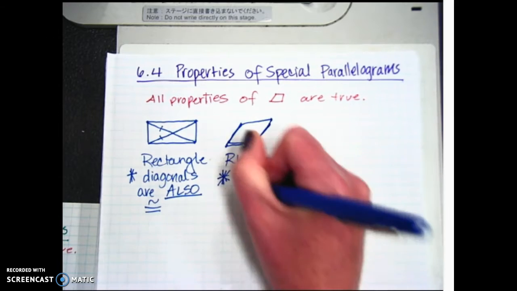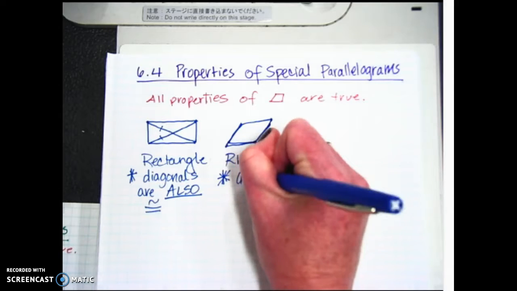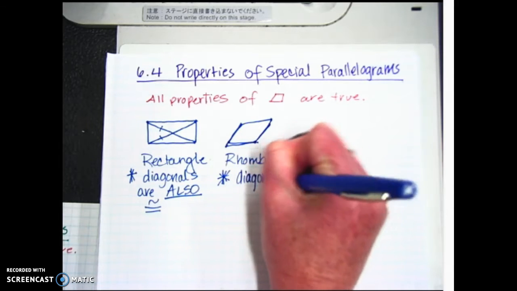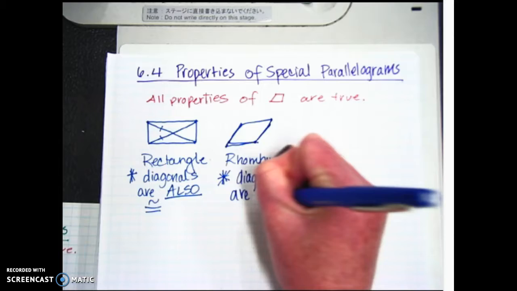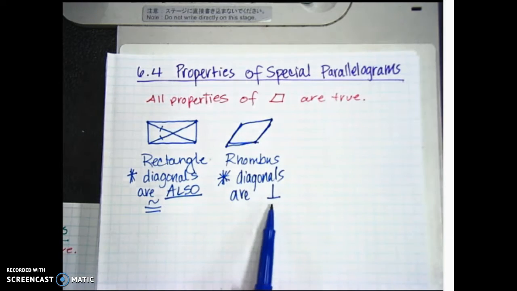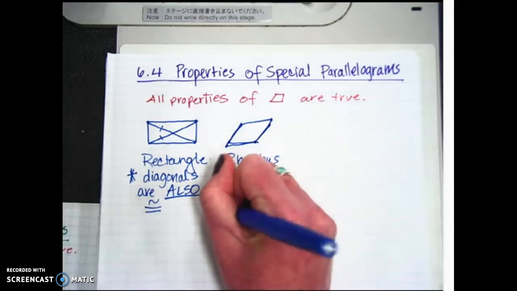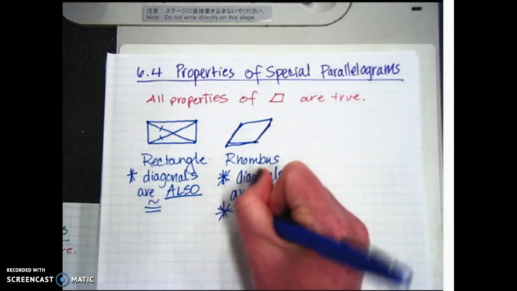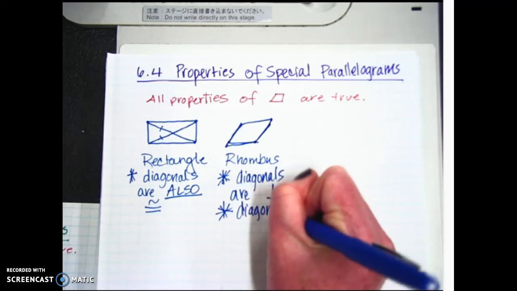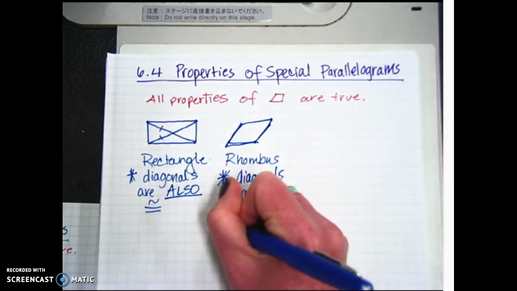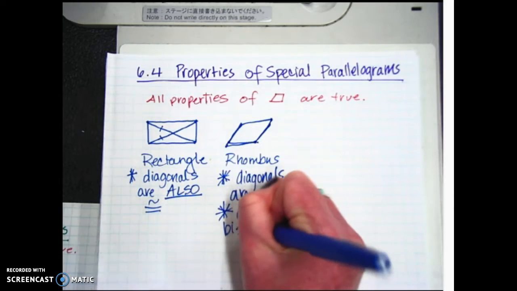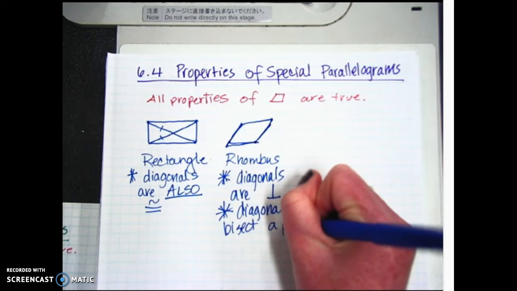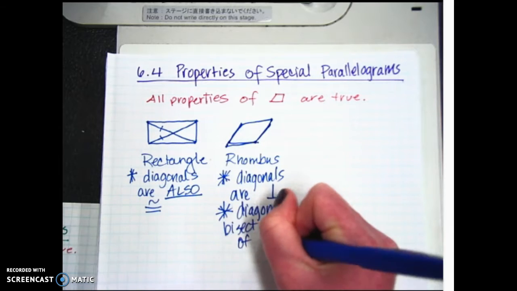First one being that the diagonals are perpendicular. So this little symbol right here, an upside down capital T, means perpendicular, okay? And the diagonals are going to bisect a pair of opposite angles.